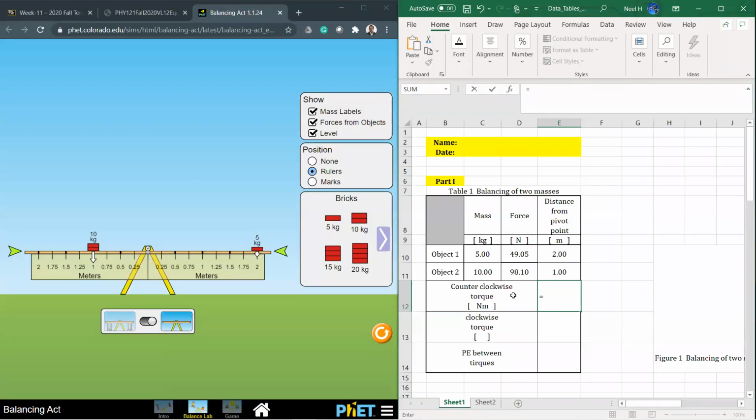Equal sign. I need to count the counterclockwise torque. Now you know counterclockwise torque is coming from the left side of the pivot point, right? So this is equal sign. I need the force on object number 2, left side, multiplied by the distance from the pivot point for that object. That's going to be a positive number, right? And the clockwise torque, Newton meters unit again.